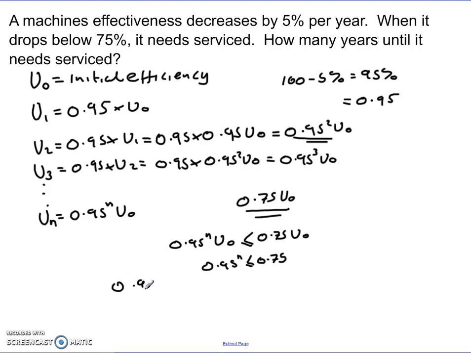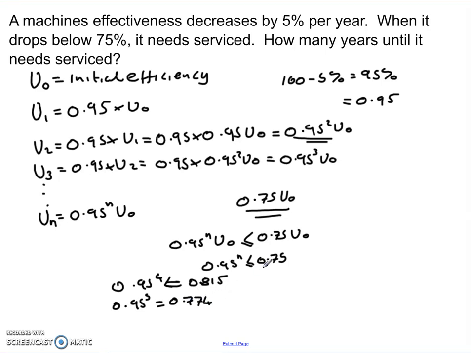So if I said 0.95 to the power of 4, let's say, what that equals is 0.815. So it's still effective. If I then go to the next year, 0.95 to the power of 5, what I then get is 0.774. So it's still effective.